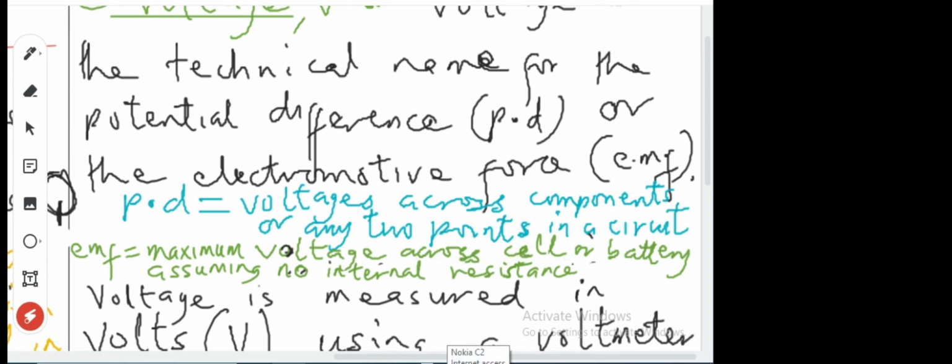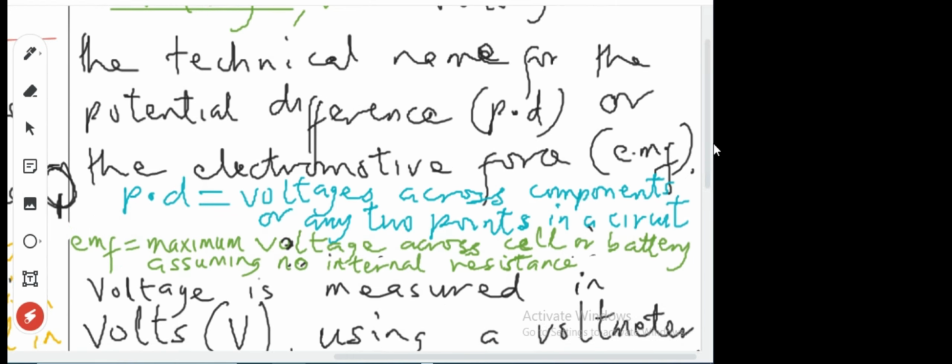Now that's another concept you will do at A levels. Assuming no internal resistance, the maximum voltage from the power source is the EMF. And for it to have the maximum voltage, current shouldn't be flowing, but that's a different discussion. So EMF is the maximum voltage from the power source. PDs are the voltages across components or any 2 points in a circuit.